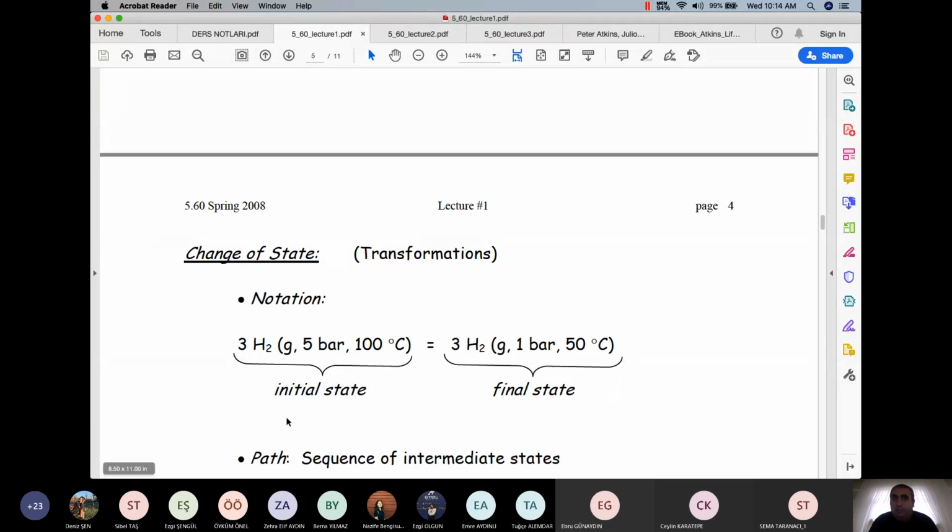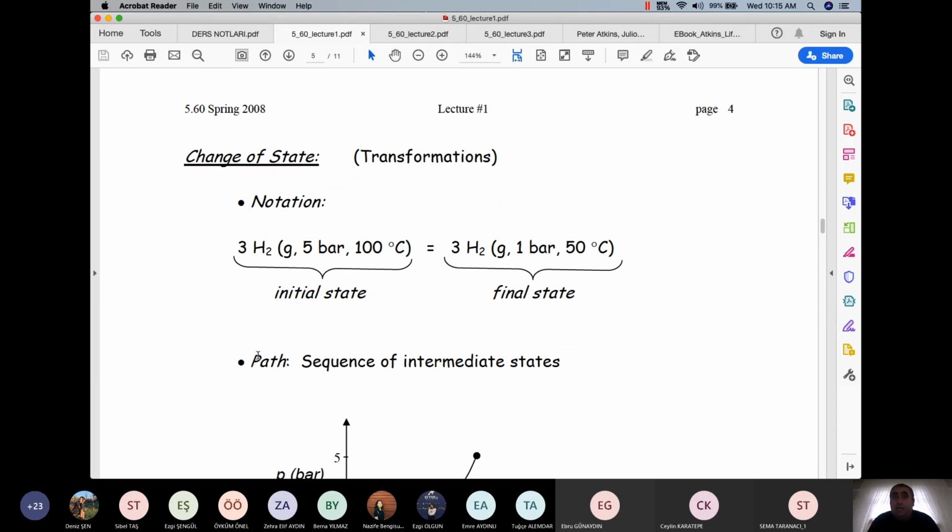The first state is always called the initial state, and the second state is called the final state. So when you have any chemical or physical event occurring, you are always talking about some change of state, or some kind of transformation from an initial to a final state.